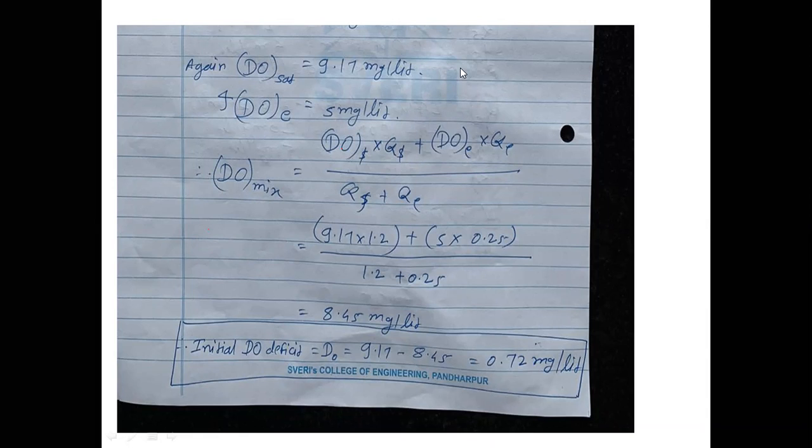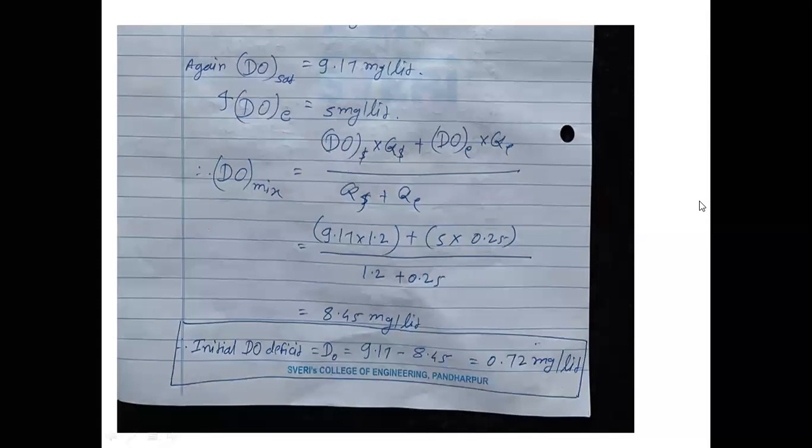DOS is nothing but the saturation level of dissolved oxygen, 9.17, and QS, the quantity of stream, is 1.2 meter cube per second. Then DOE is 5 and QE is 0.25. I have written 8.45 milligram per liter for the DO mix; you can check the answer, please.